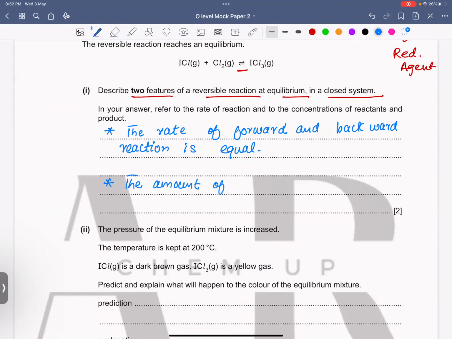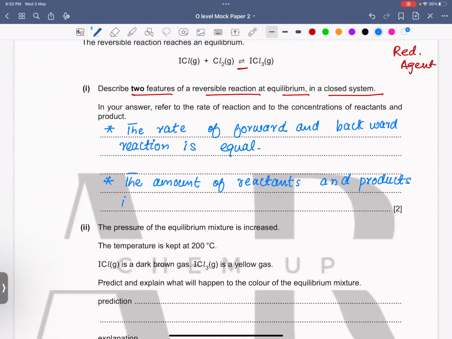The amount or the concentration, you can use the word concentration as well. The amount or the concentration of reactants and products stays constant, it doesn't change.